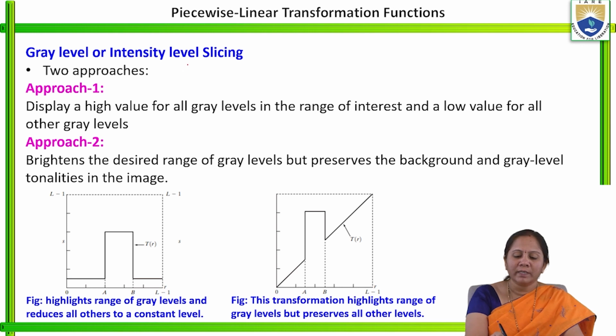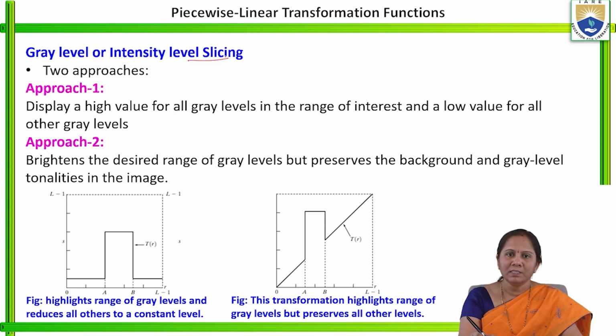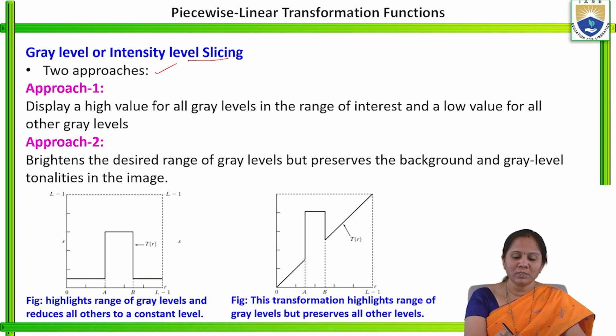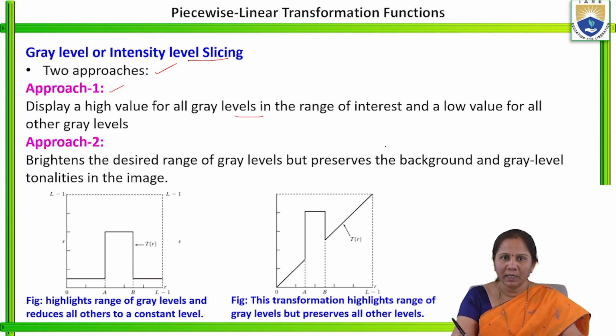This gray level or intensity level slicing can be done by using two approaches. In the first approach, we display a high value for all gray levels in the range, and it is going to compress all the remaining values.